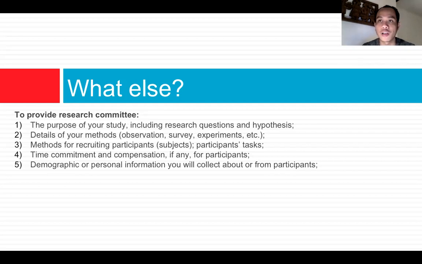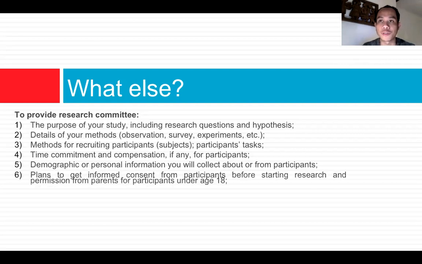It's also sometimes crucial for a committee to know what demographic or personal information you have gathered. And then plans to get informed consent from participants before starting research, and permission from parents for participants under age 18. So this is also a consideration when you are dealing with humans, or with children.